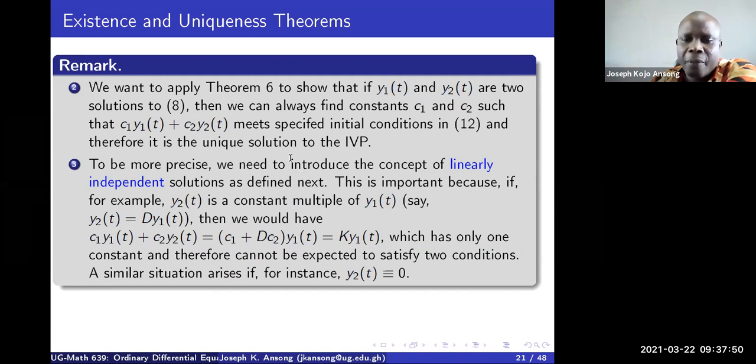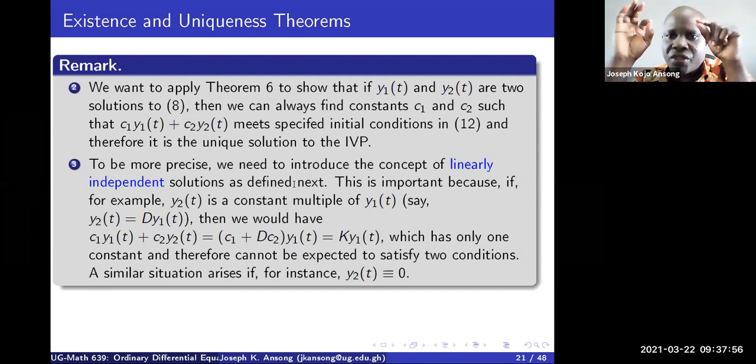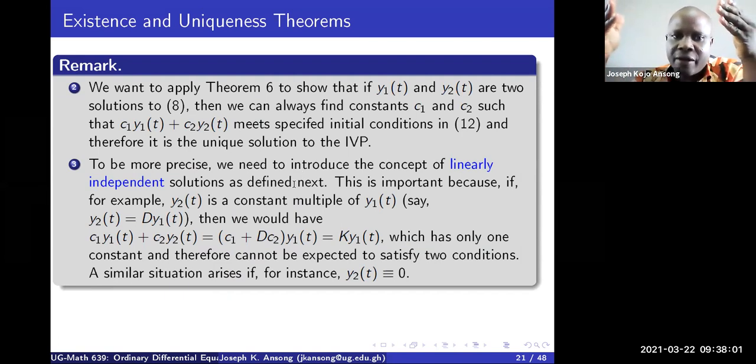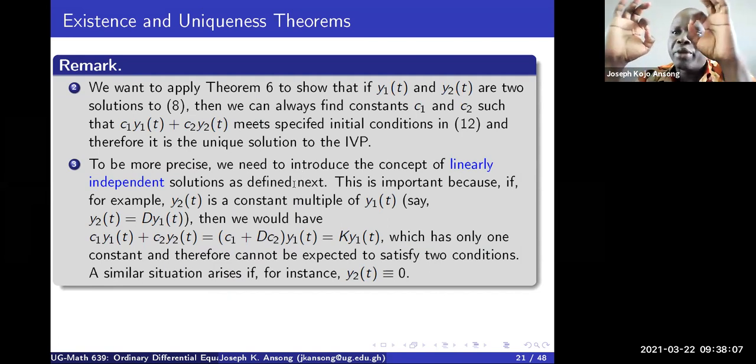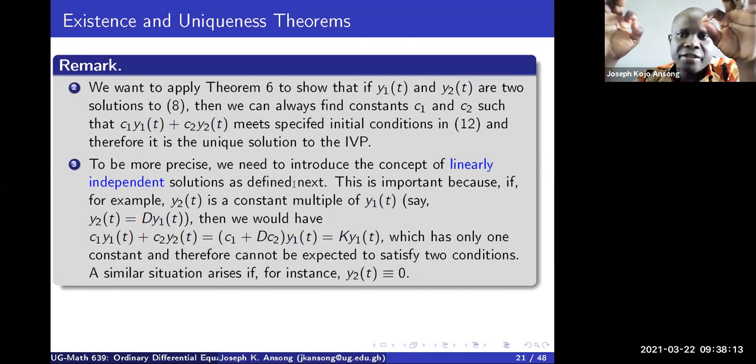But before we do that, we need to be a little more precise, in the sense that we can't just take any solutions y1 and y2 and combine them and say that they will meet specific conditions. And we'll see why that is important. We actually have to pick the two solutions, y1 and y2, so that they meet a certain criteria.